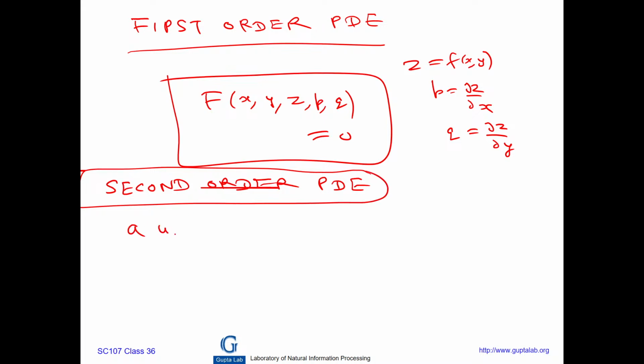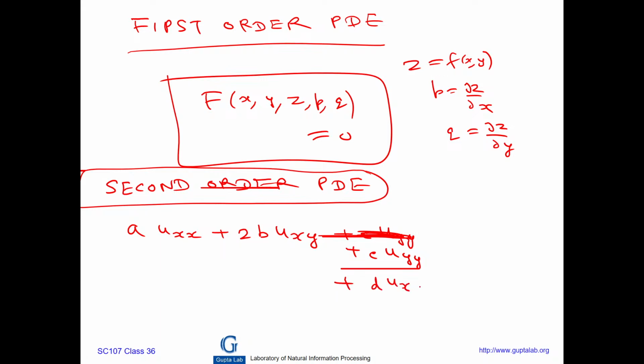A times uxx plus 2b times uxy plus c times uyy plus d times ux plus e times uy plus f times u is equal to g.